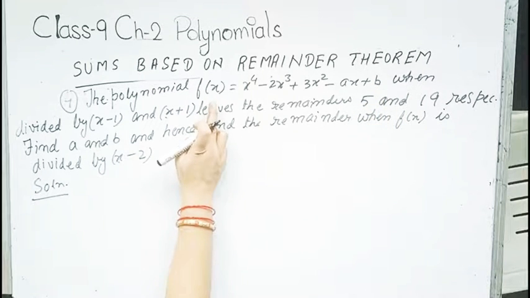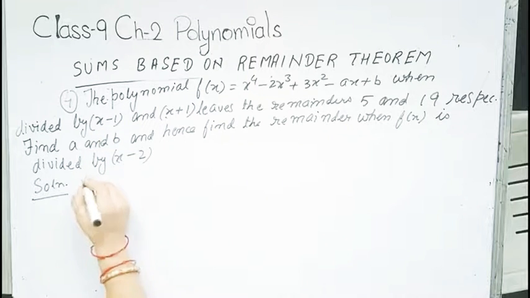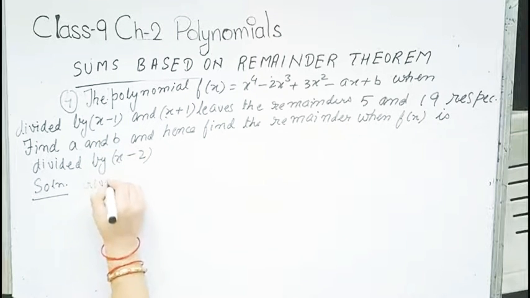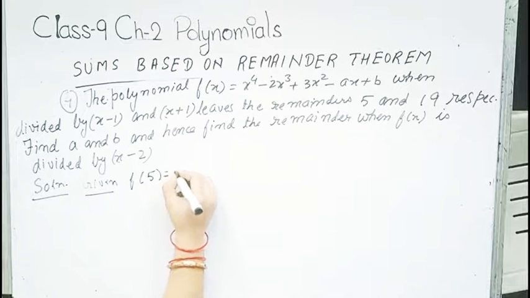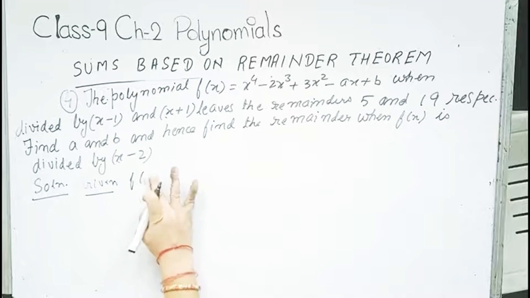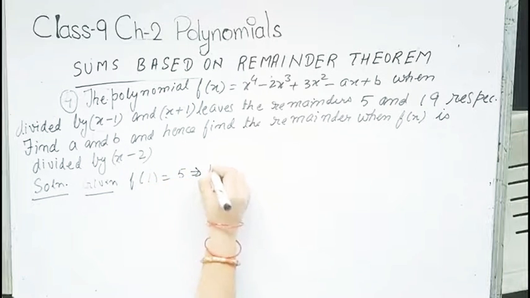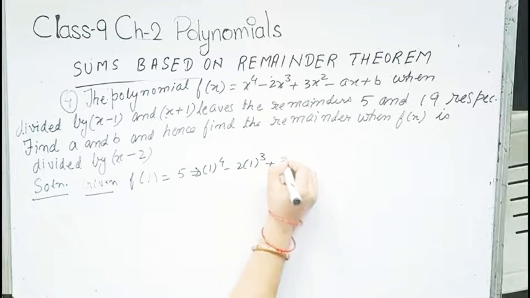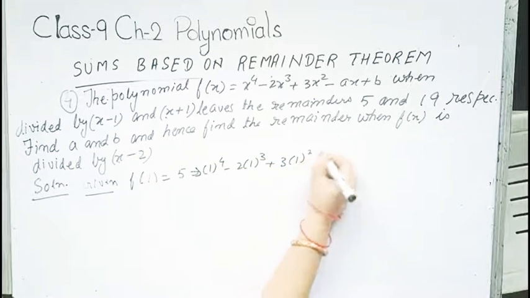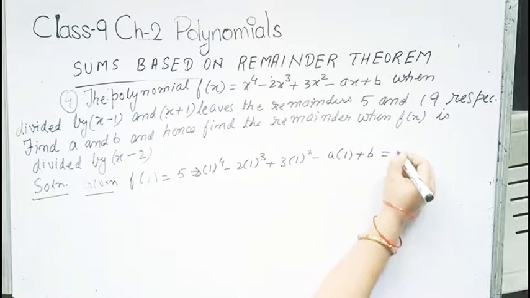It is given that this polynomial when divided by x minus 1, the remainder is 5. So we will be writing given f(1) equals 5. This implies 1 power 4 minus 2 into 1 cube plus 3 into 1 square minus a into 1 plus b equals 5.